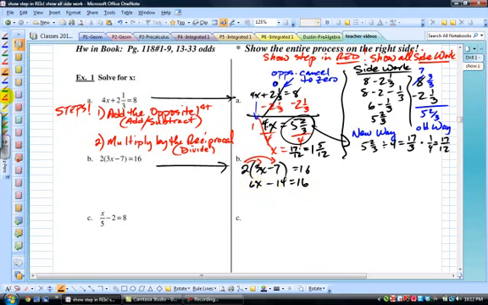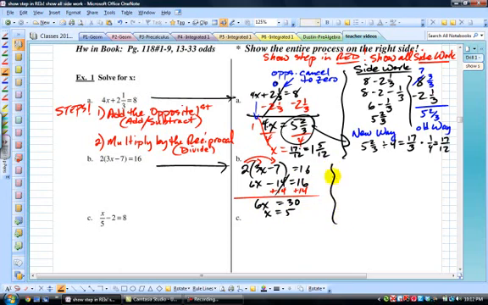Here I want to add the opposite. So add 14, add 14, just like in step 1 up here. You get 6x equals 16 plus 14 is 30. It should be clear that 6 times 5 is 30, so x has to be 5. Divide both sides by 6 right here.